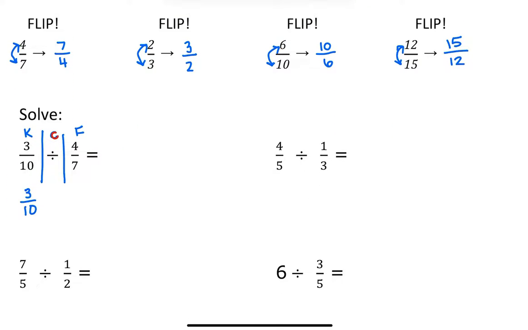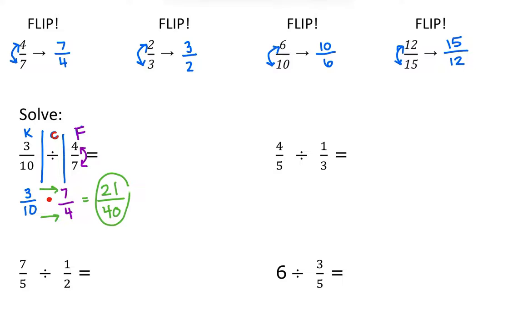I'm going to change division to multiplication. And then I am going to flip or find my reciprocal, which means I need to flip that second one and it becomes 7 over 4. Now that we have done that, we now have a multiplying fractions, and we know to solve that we do top times top, bottom times bottom. 3 times 7 is 21, and 10 times 4 is 40. And we are finished.